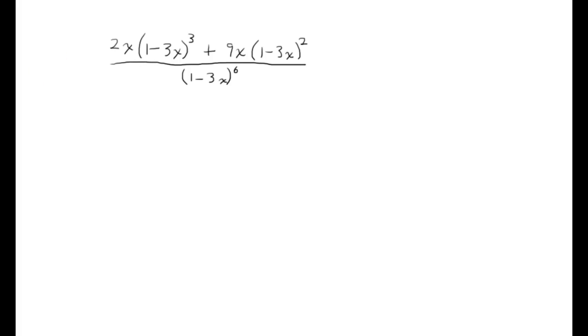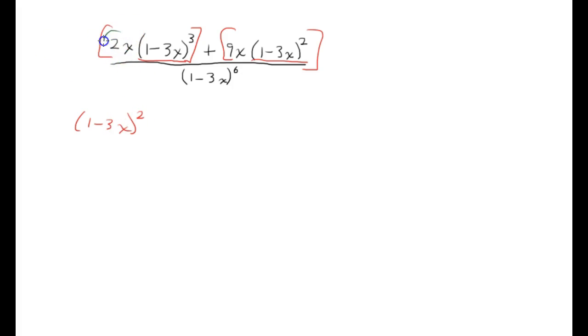So what we're going to do is first factor out the common factors. Right now we have a common factor of 1 minus 3x, and in fact we have 1 minus 3x squared that we can factor out of both of these larger terms. I'll write that in red, the 1 minus 3x squared, and then what is it being multiplied by?